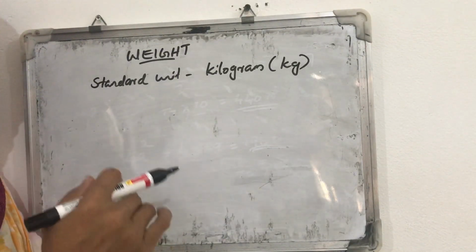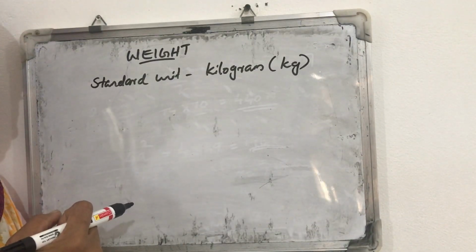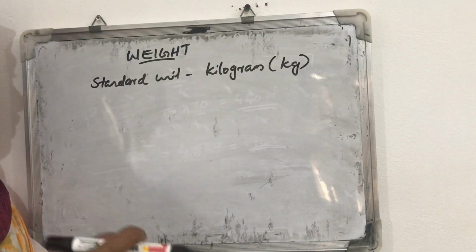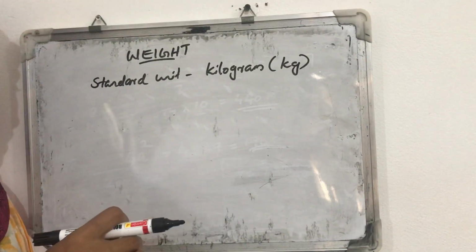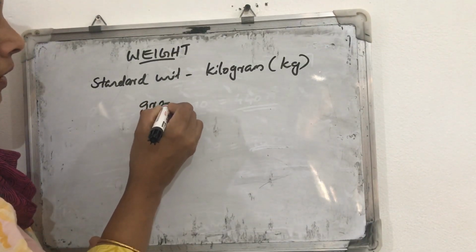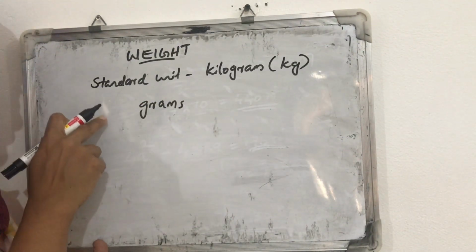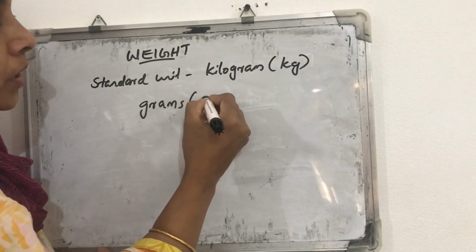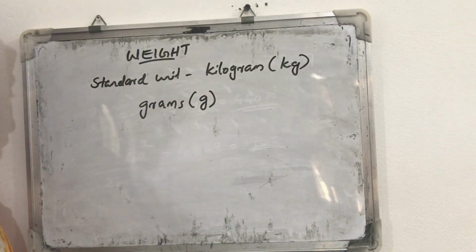If you need only some quantity, which unit will we use? That is gram. So for measuring smaller weight, we use the unit gram, and we use the letter g for gram.